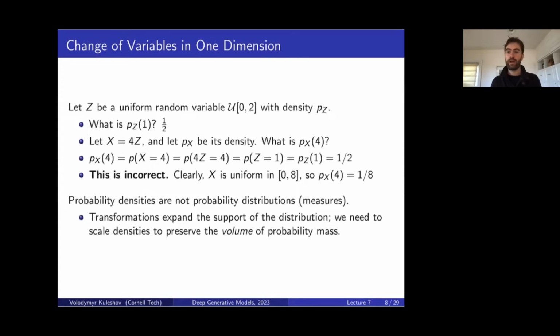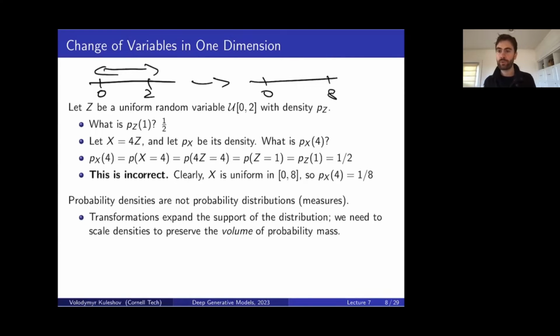And at a high level, what happened here is that when we went from a distribution over 0 to 2 to a distribution over the support from 0 to 8, the area of support of the distribution has expanded. It has become larger, but we still have only a unit of mass, right?